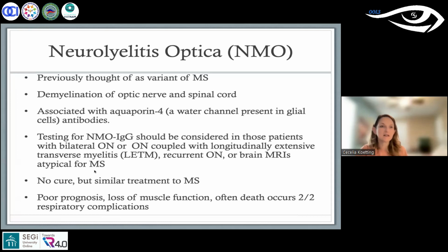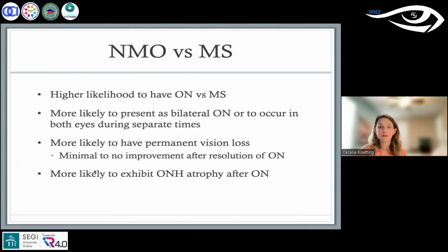So the way that it's tested for is they look for aquaporin-4 antibodies, and they're doing testing with their spinal fluid. So that's what they're looking for, as well as with MRIs.